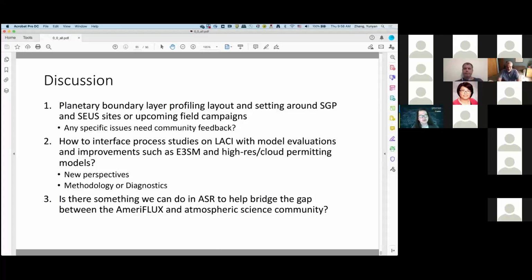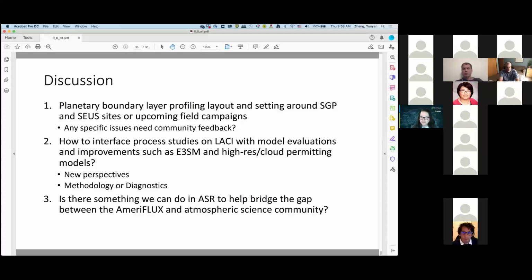I think we have a question in the chat. Are there any measurements available to measure canopy transpiration versus soil evaporation? I think maybe this is for either Sean or Changgai.